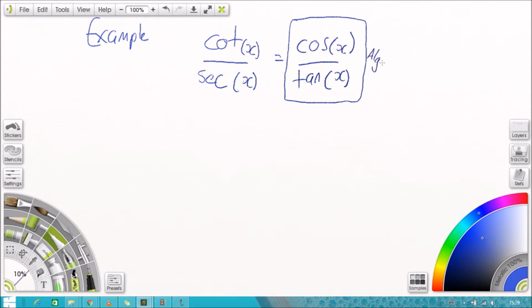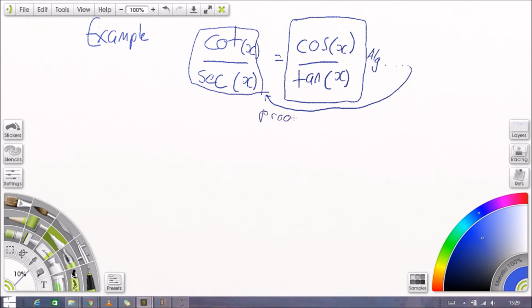So what does it mean to prove a trig identity? Well, it means we're going to take one side of this equation and hopefully be able to prove that it's equal to the other side using algebra, using all the laws of algebra that we know without breaking any of those. If we can make one side equal to the other side, that will constitute a proof of this identity.